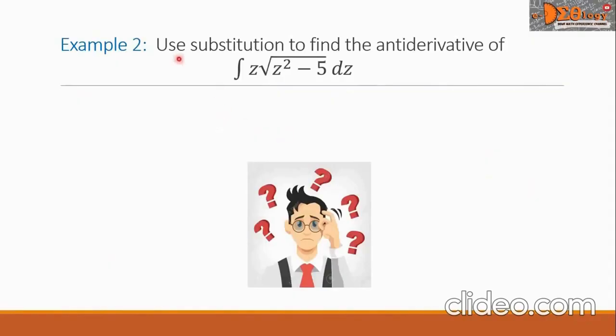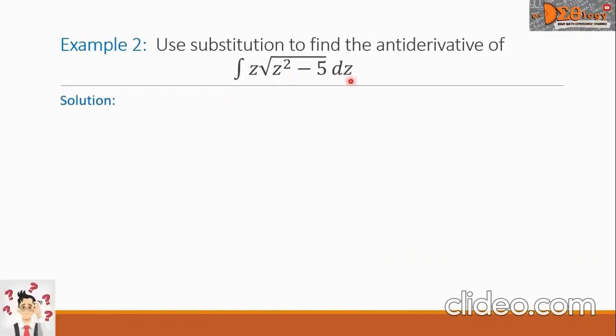Example 2. Use substitution to find the antiderivative of the integral of z times the square root of the quantity z squared minus 5 dz. For our solution, let us rewrite the integral showing that this radical is in the form of a fractional exponent.